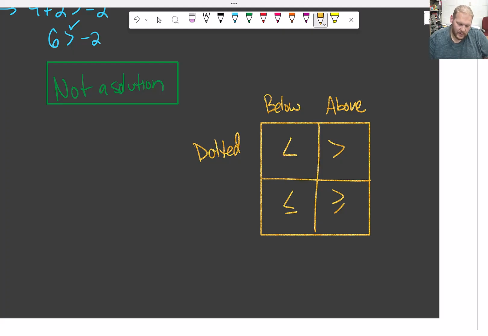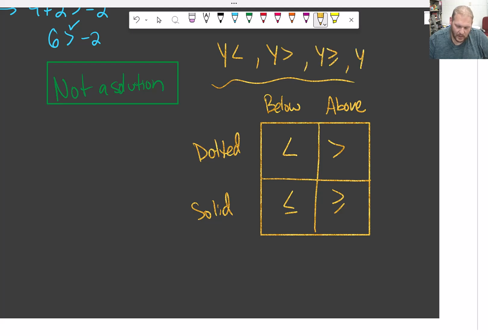When it had the or equal to, it was a solid boundary. Now remember, all of these assume y is by itself and on the left side. So we would have y is less than, y is greater than, y is greater than or equal to, y is less than or equal to. It has to be y by itself.